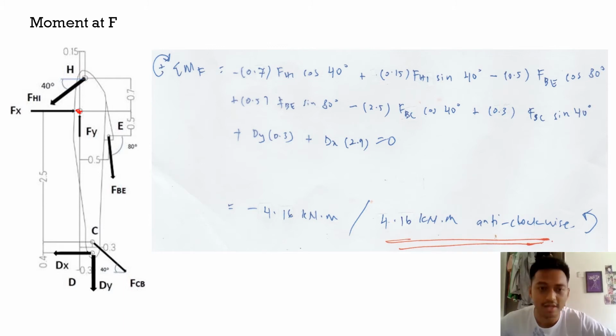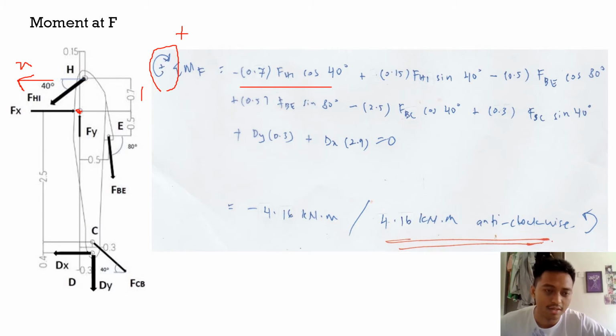Okay, then I assume that if the rotation is going clockwise, then the direction is positive. Okay, first of all, negative 0.7 FHI cos 40. Here 0.7 cos 40 because 40 cos 40 here is for the x axis of FHI.